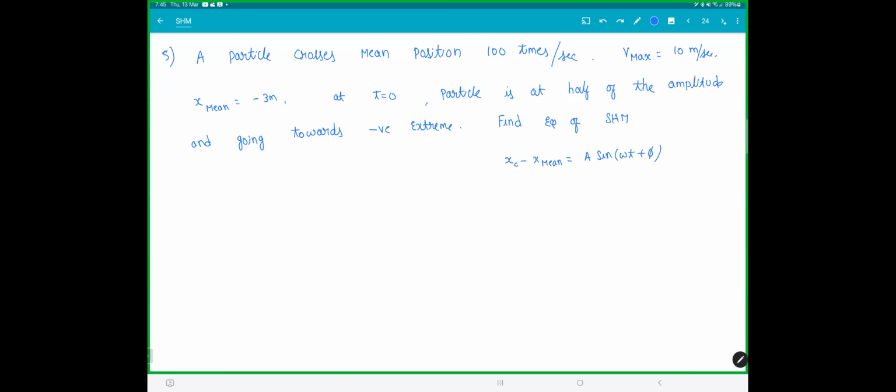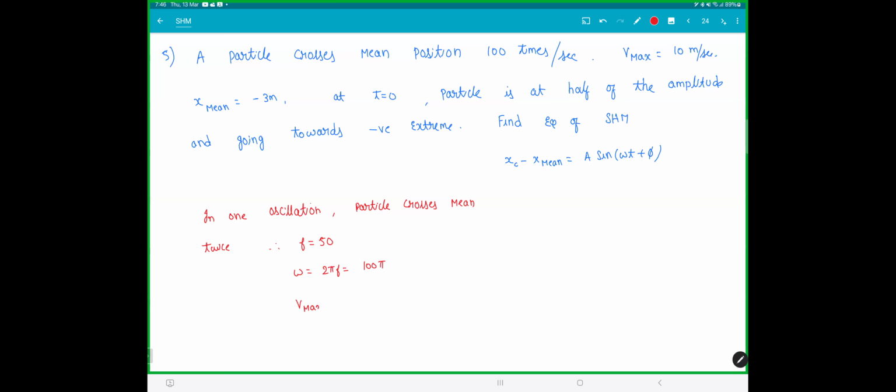What is frequency? Number of oscillations per second. So frequency is 50. In one oscillation, particle crosses mean twice. Therefore, frequency is 50. Therefore, omega is 2 pi f, which is 100 pi.